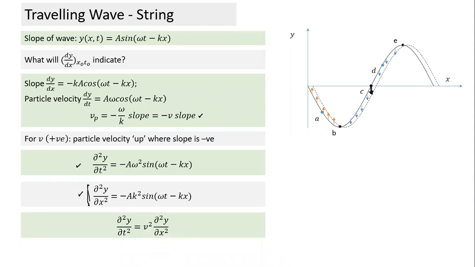If we write this equation as a ratio and take the denominator to the other side, this becomes one additional condition for the wave equation: the second derivative with reference to time and the second derivative with reference to x, their ratio is constant. Then only is it a wave condition. And what is the ratio equal to? The ratio is equal to the square of the wave speed.